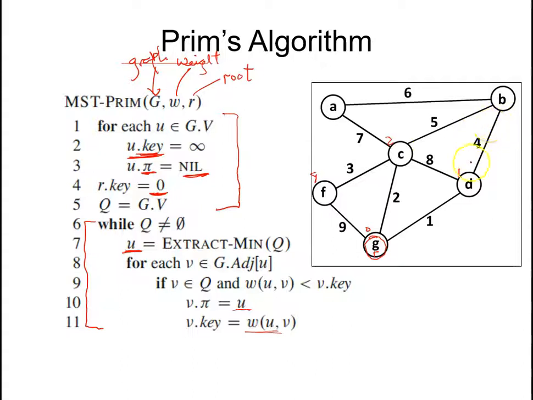Then we go here to the third adjacency and we notice that the value here is 4, B is in the Q, and 4 is less than infinity, so we set this as 4.